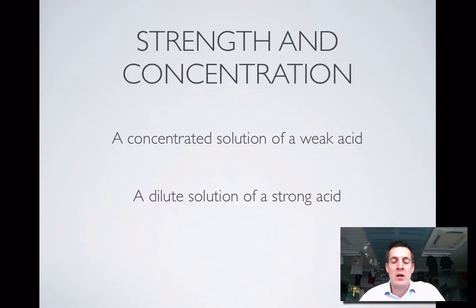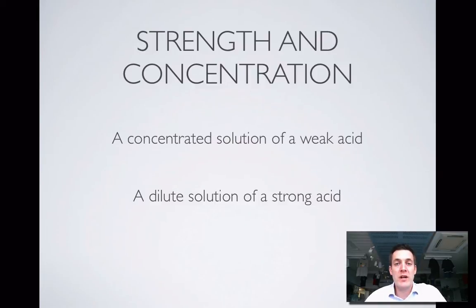First, we'll look at the difference between strength and concentration. Bearing in mind that strength, being strong or weak, is about whether you ionize completely or not, if I took a concentrated solution of a weak acid, the one that we're typically expected to remember most is ethanoic acid, say 10 moles per litre.